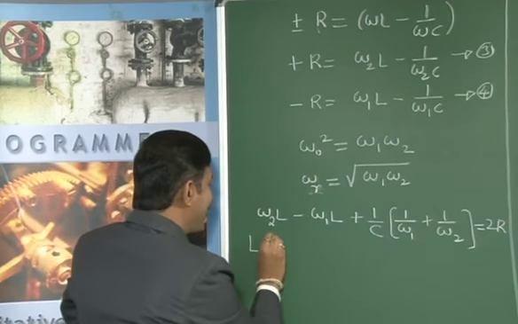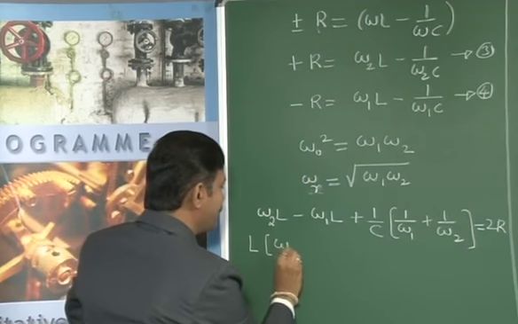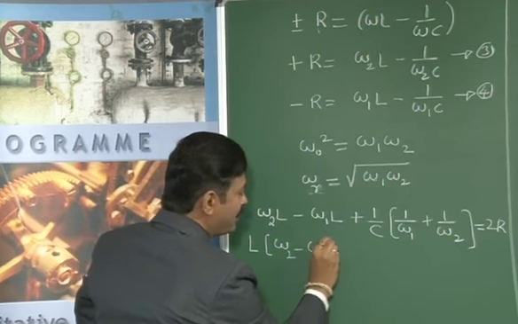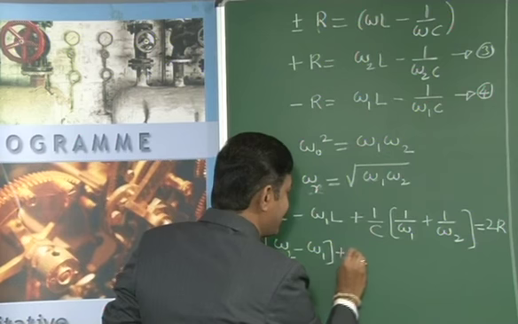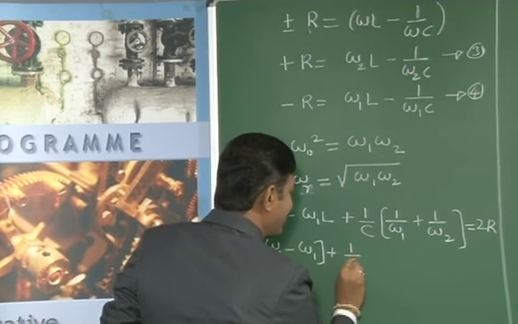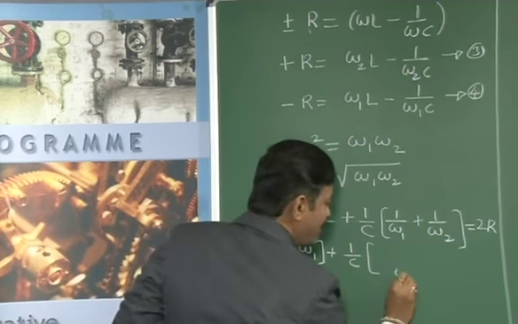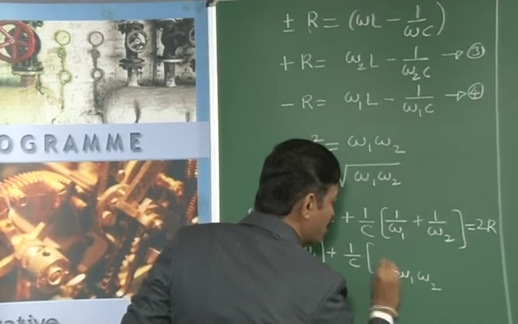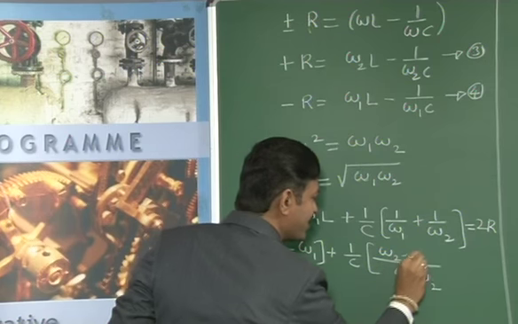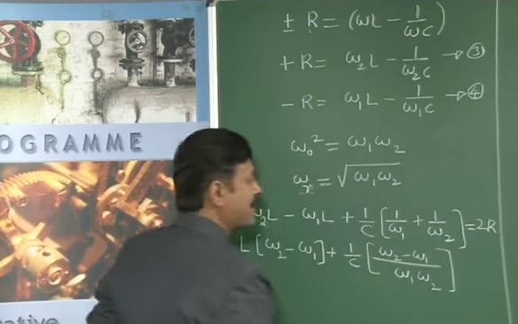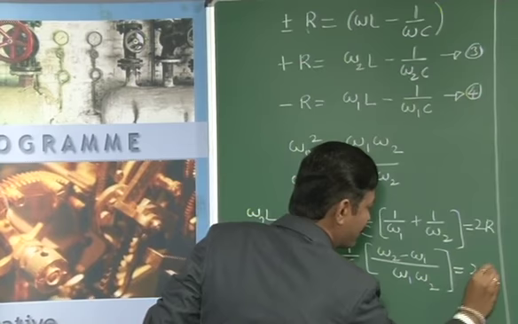From this, L I will take outside. The expression will be L into omega 2 minus omega 1, plus 1 by C. The LCM will become omega 1 omega 2. In the numerator again it will become omega 2 minus omega 1, is equal to 2R.